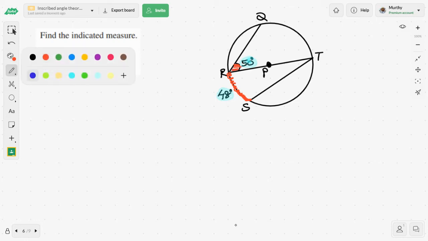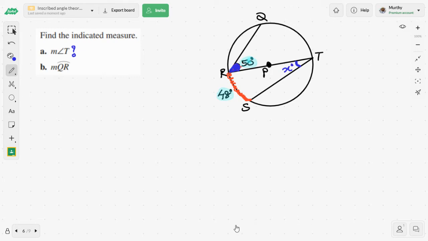Let me use a different color. The question is, what is the measure of angle T? Let me label this as x degrees.